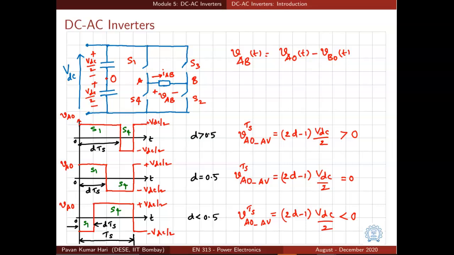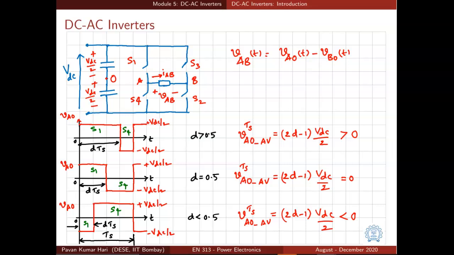In all these three patterns, one common thing is that we are looking at an interval of Ts. Within that interval of Ts, S1 is on for a duration of d times Ts, and S4 is on for the remaining time.